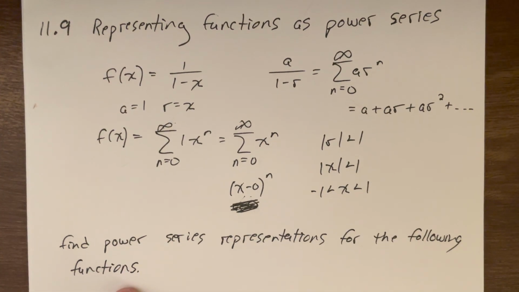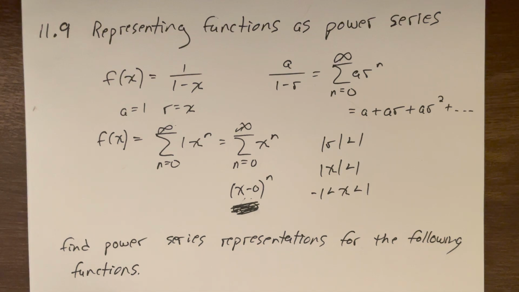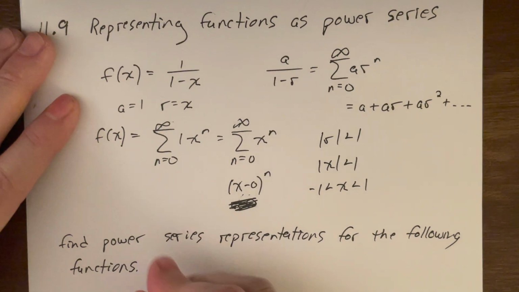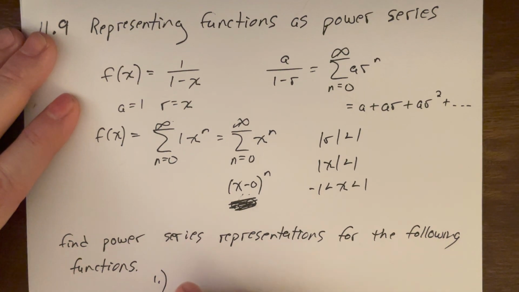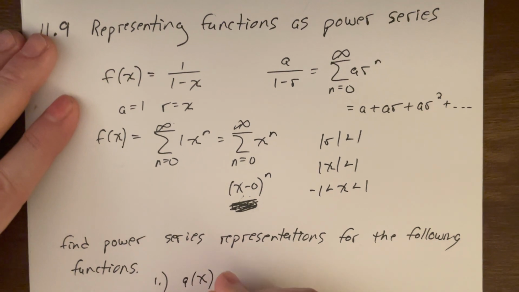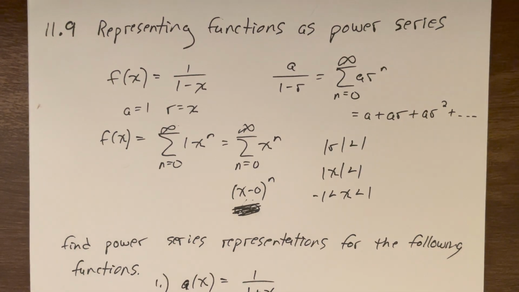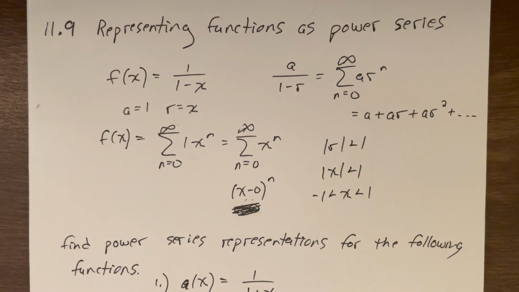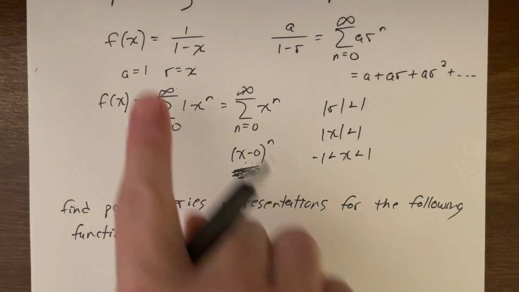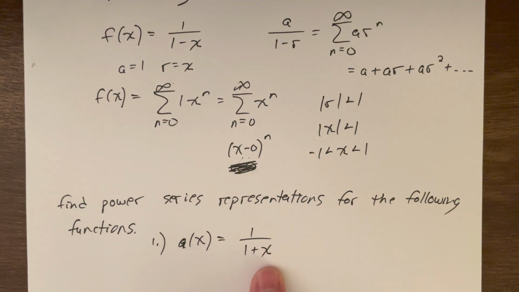Examples 1, 2, and 3 in your book are all very similar to what we're about to do here. So let's look at problem number 1. Let's look at, we'll keep this one simple. That's a of x. This is just going to be one tiny little change from our first problem, our first example, to the first full problem we do.